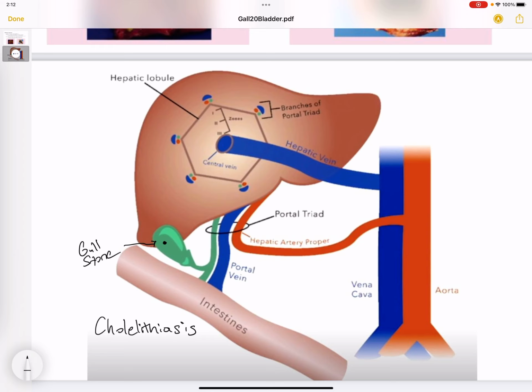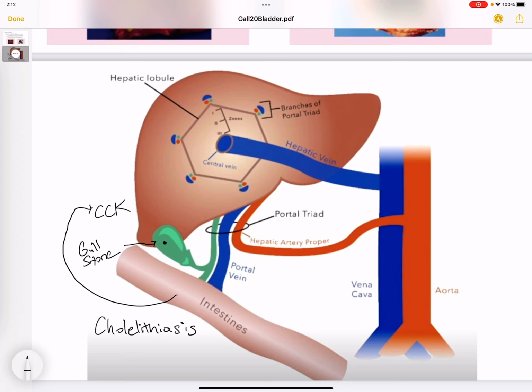Now, when someone eats a fatty food, what is going to happen is fats and lipids are going to enter our duodenum. And in our duodenum, we have these I cells, and these I cells are going to produce cholecystokinin, or CCK.